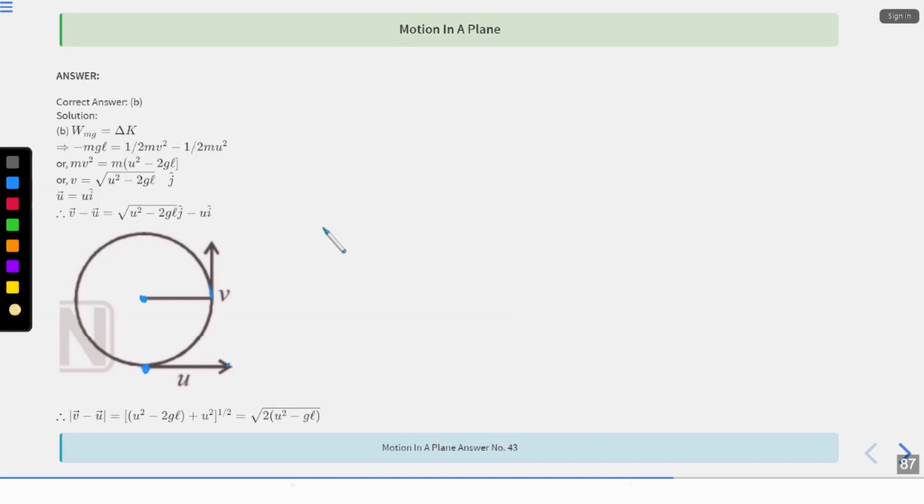So W_mg is nothing but work. Here we'll be using the work energy concept. So we can write that minus mgl is equal to half mv square minus half mu square. Solving this, you'll get this.